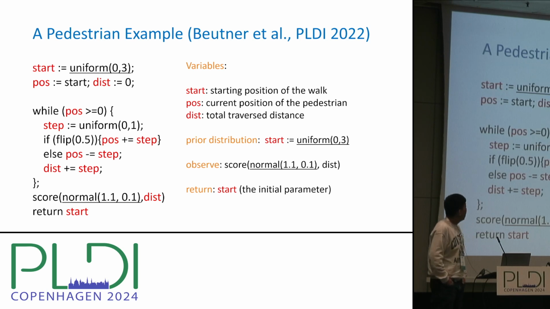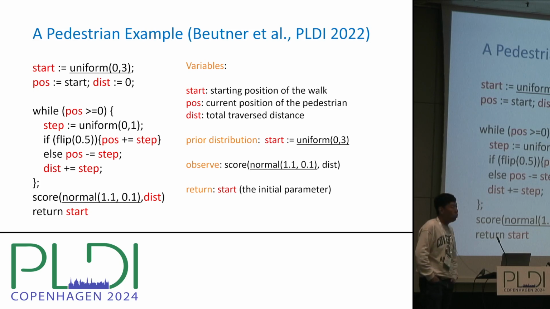And then we have working variables, pos and dist, where pos records the current position of the pedestrian, and dist records the total distance traveled so far by the pedestrian. The behavior of the pedestrian is stochastic, specified by the loop below.